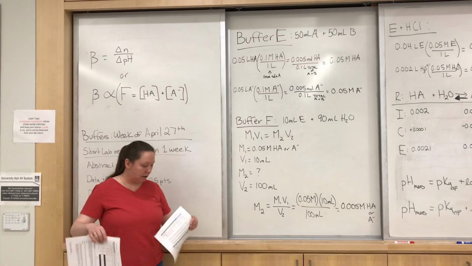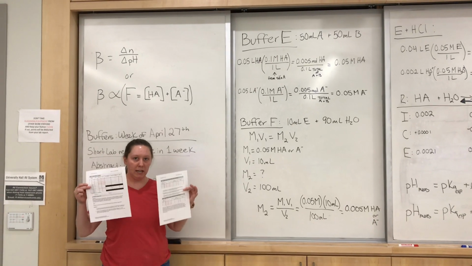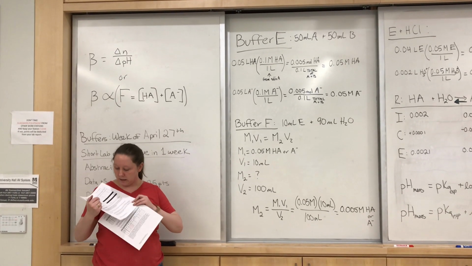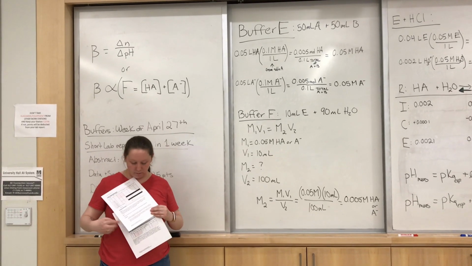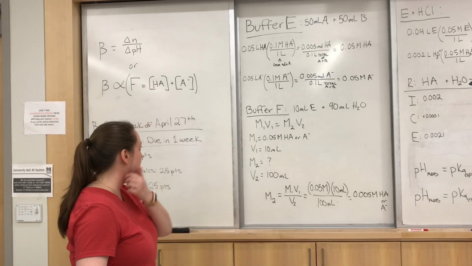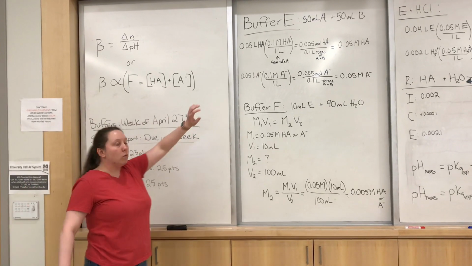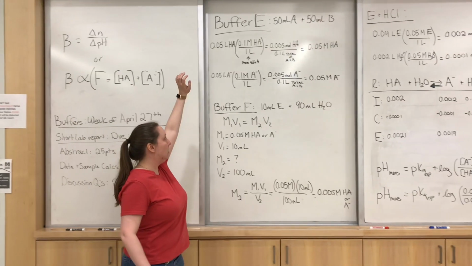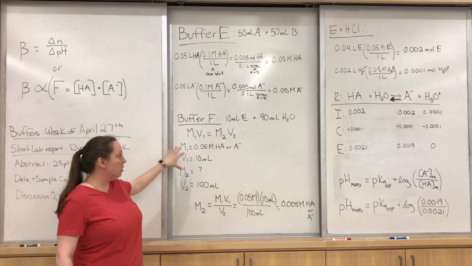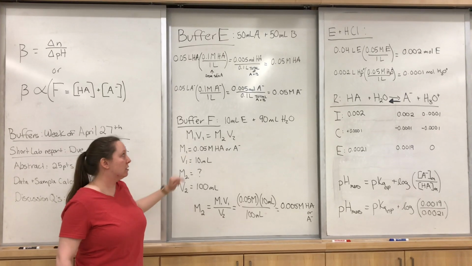We need tables 1, 2, and 3, okay? We also need the mean pKa, the mean Ka. We need sample calculations. What does that mean? Exactly what I have here. So we need to know how you made one of the buffers, how you diluted one of the buffers.